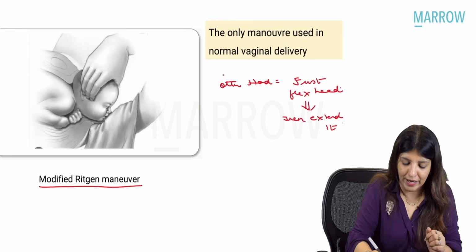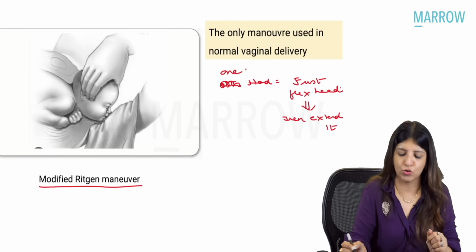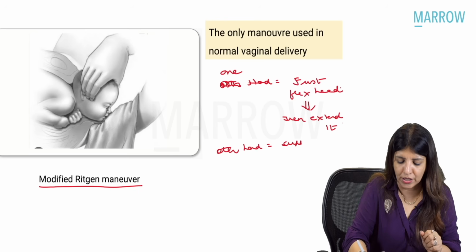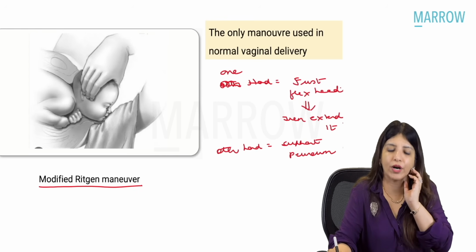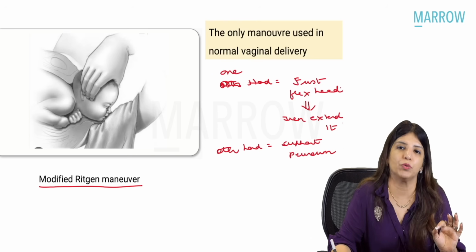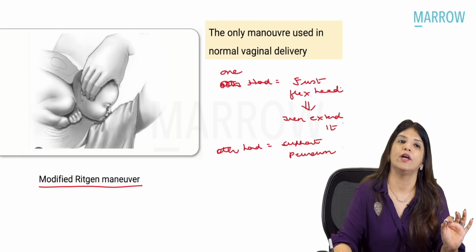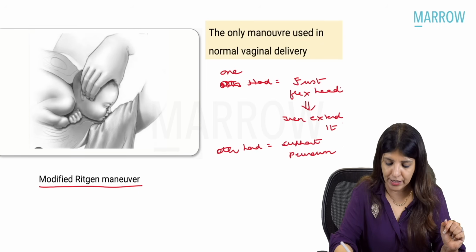This is called the modified Ritgen maneuver. This is the only maneuver done in a normal vaginal delivery.